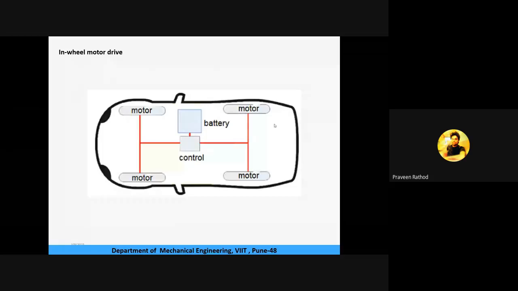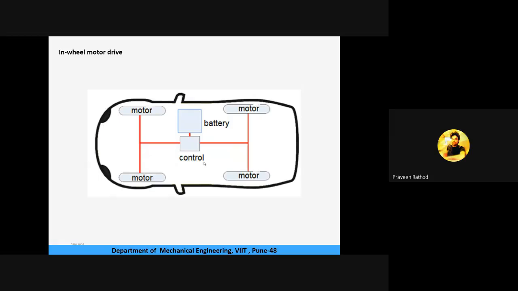Efficiency is increased by 20% when we use this type of in-wheel motor drive. So efficiency drastically increases here. Okay. For passenger car applications, there are some disadvantages in terms of vehicle performance also, as the vehicle is driven by independent integrated motors. That is a disadvantage when we use this type of motor.